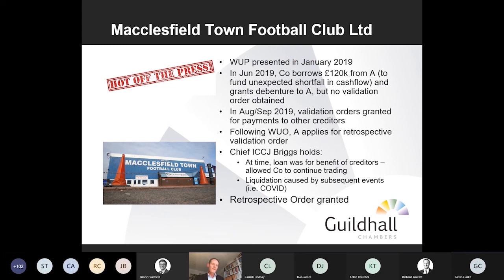As I said, we don't have the judgment in detail, but what he seemed to conclude, in my view, marginally deciding to make the order, was that it was relevant that the company didn't seem to be heavily loss-making, and in making the secured loan, it was clear that the object was to try and get through the season, which was then subsequently greatly impacted by COVID.